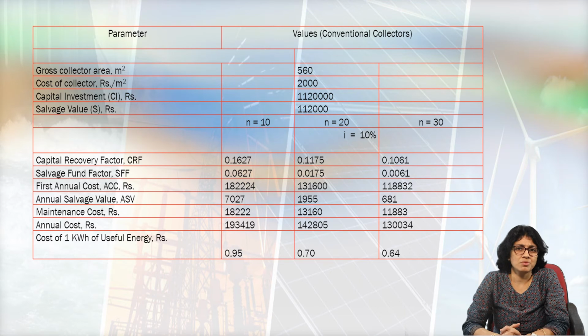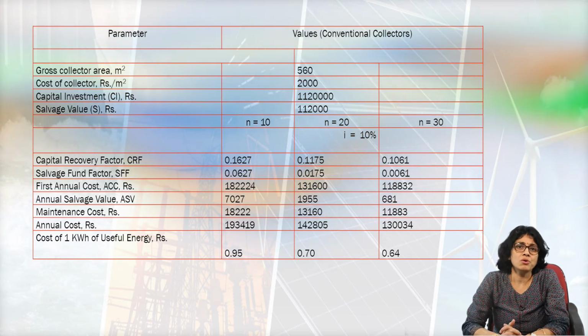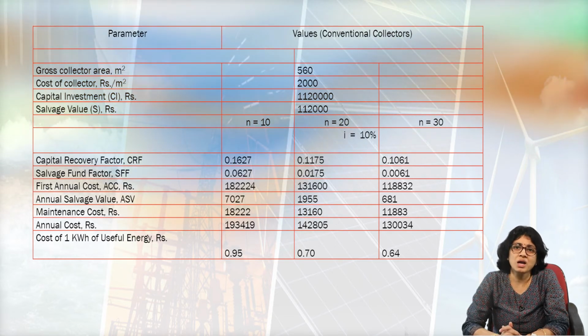The annual salvage value is the salvage fund factor into salvage value. Finally, the annual cost is the annual capital cost plus maintenance cost minus annual salvage value.